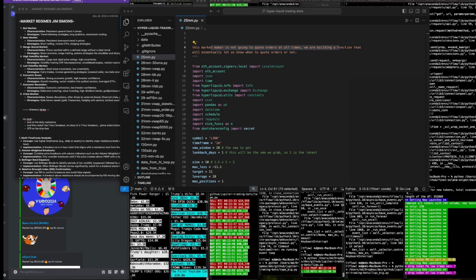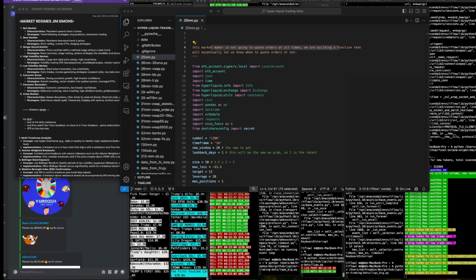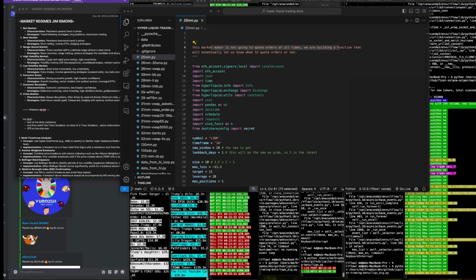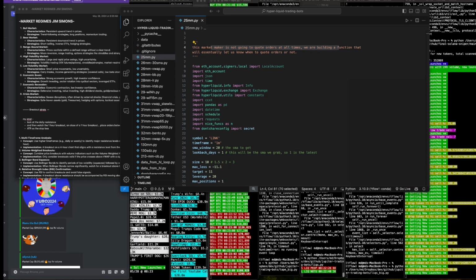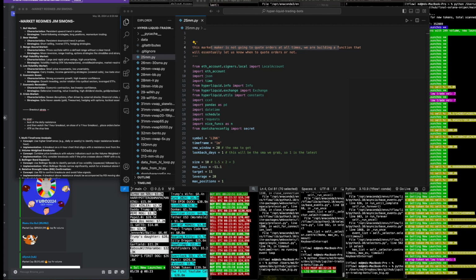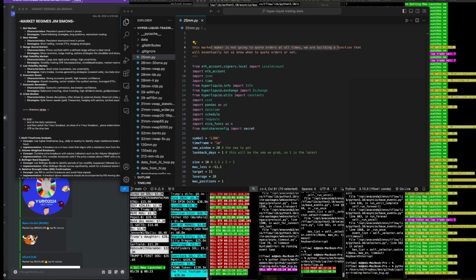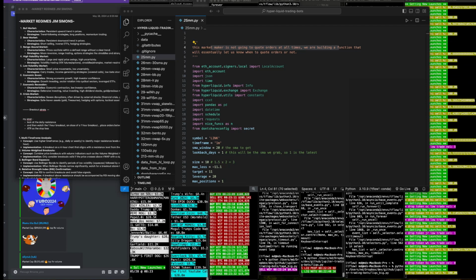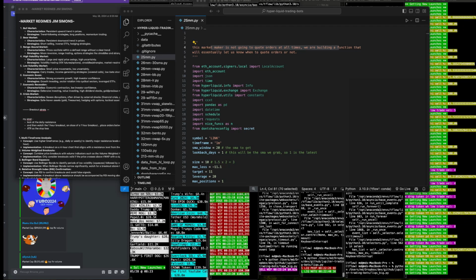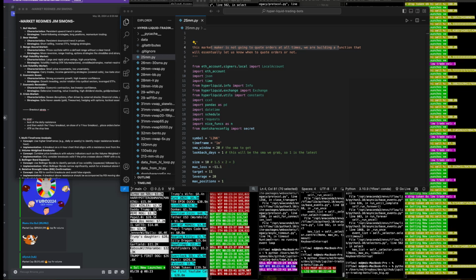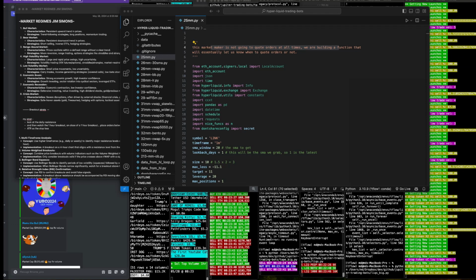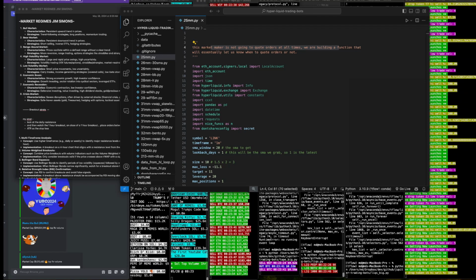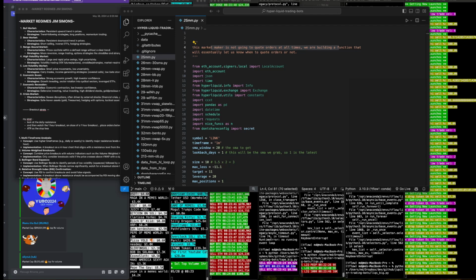So I just need to jump on over to Hyperliquid here and get my key. Okay, sweet. I got it. Well, not yet, but I need to put it in here.